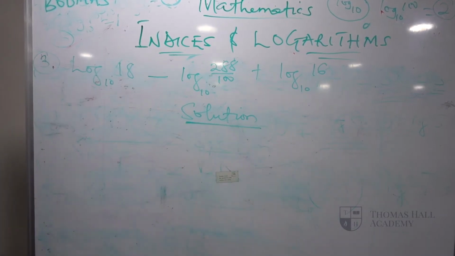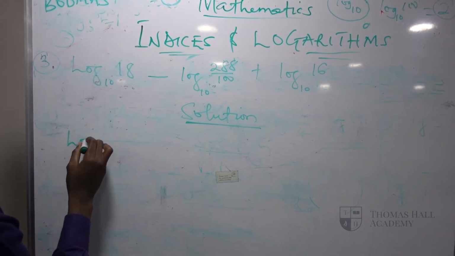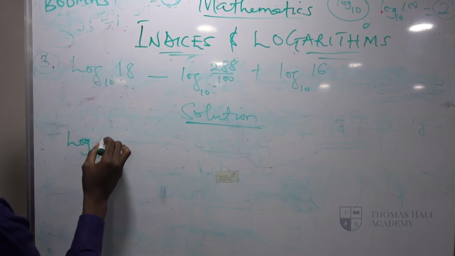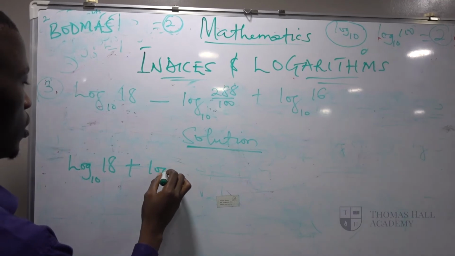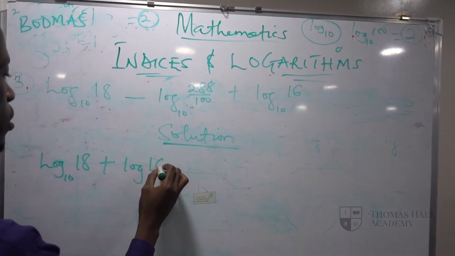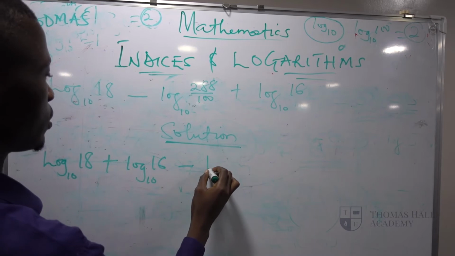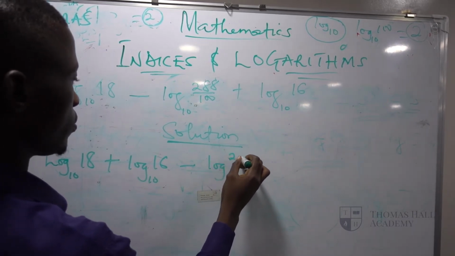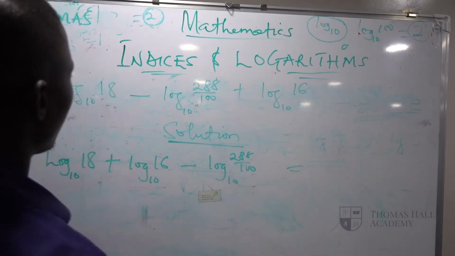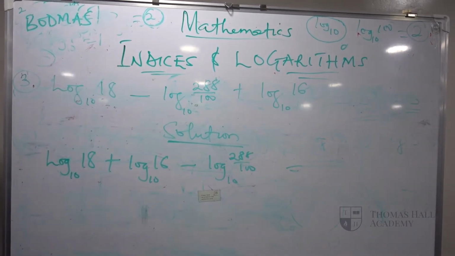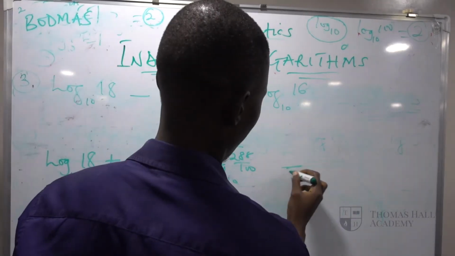We are dealing with addition first before subtraction. That means we are going to have log 18 base 10 plus log 16 base 10 minus log 288 over 100 base 10. This plus this minus this. Deal with plus before you deal with minus, according to the BODMAS.